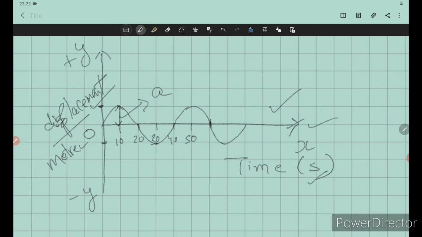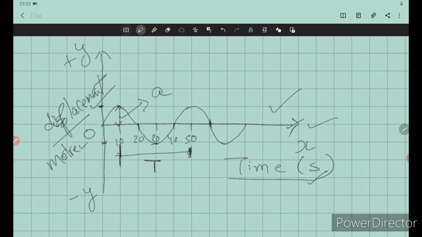So the length from one crest to the other crest can be denoted by the time period T.